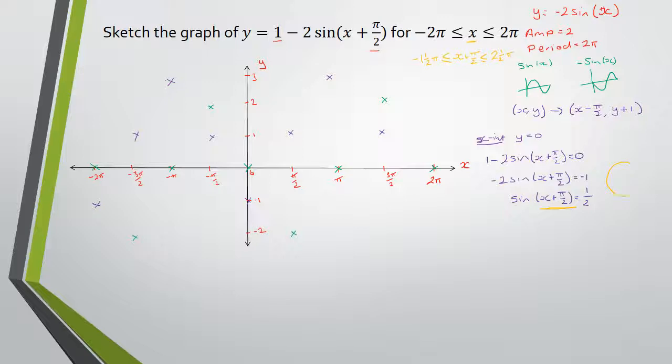So we then need to look at our unit circle because we need to consider what's going on, which quadrants we're interested in. Sine is positive, that means I'm looking at the first and the third quadrant. So let's try to work out these values then.